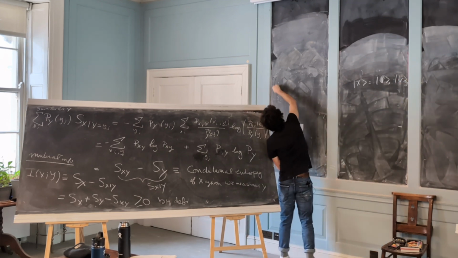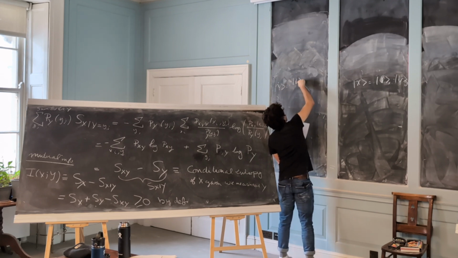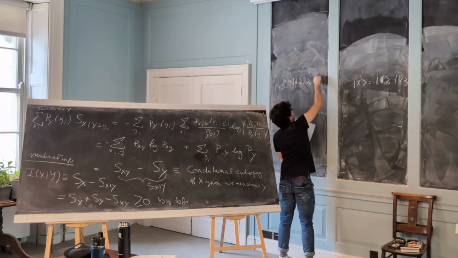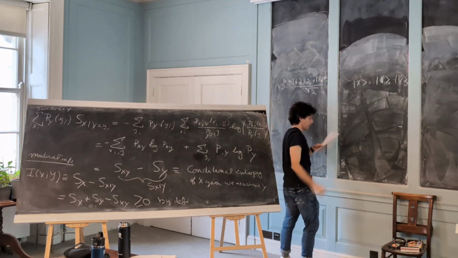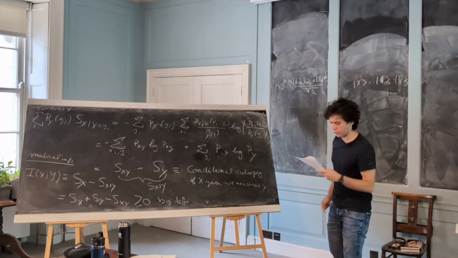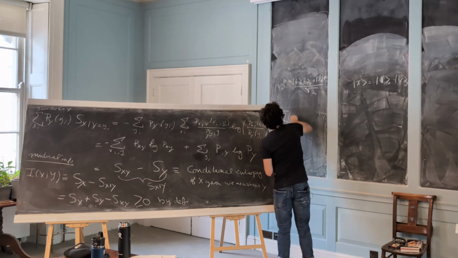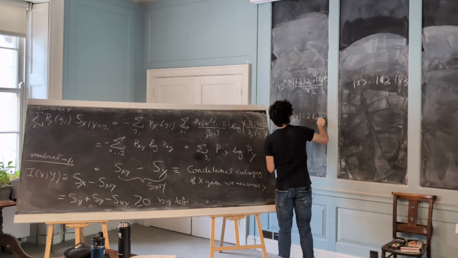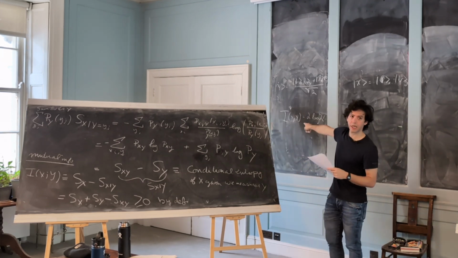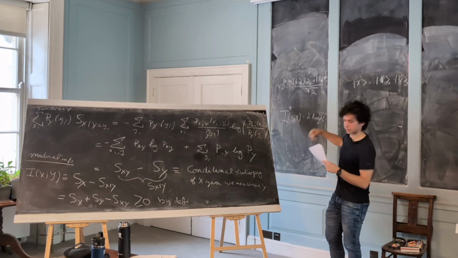And I introduced this state psi, which was down x, down y, plus up x, up y, over root 2. And you can go home and do the following calculation. The mutual information between x and y in psi is 2 log 2. It's twice the entanglement entropy because it's symmetric.